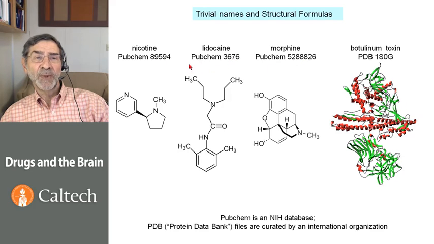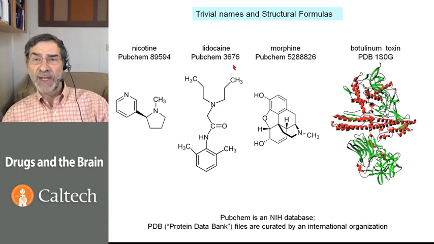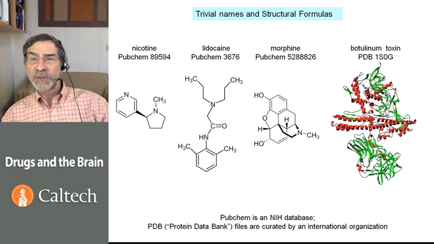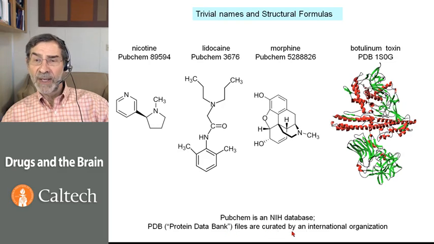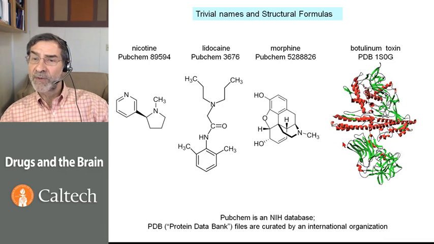So if you type PubChem 3676 into your search engine, you'll get the record for lidocaine, etc. Botulinum toxin is best described in another database, the so-called Protein Data Bank, whose files are curated by an international organization that looks at X-ray crystallographic coordinates and at nuclear magnetic resonance structures.